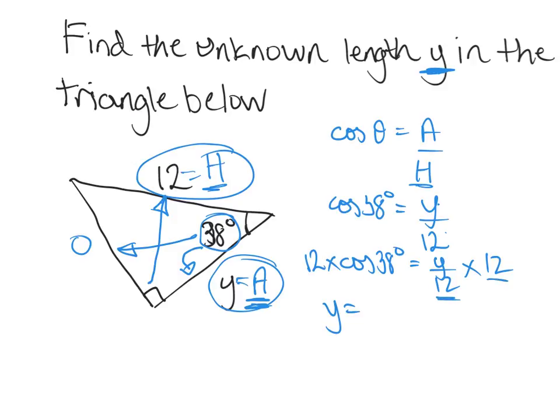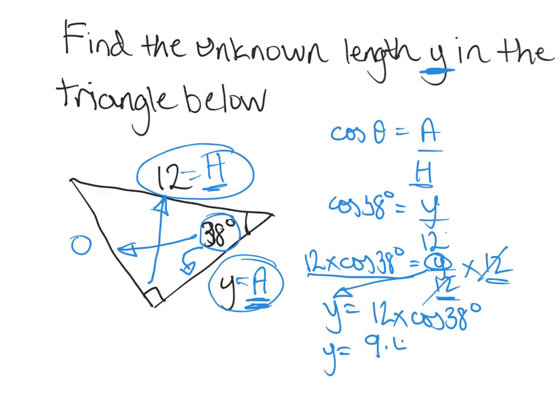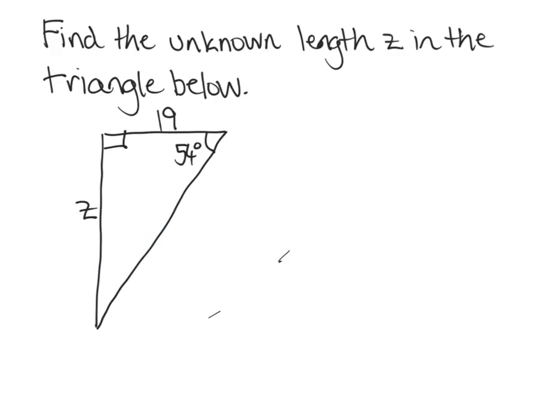Dividing by 12 and multiplying by 12 are opposites and will cancel out, leaving y on its own. On the other side, we have y equals 12 times cos 38 degrees. If you plug that into your calculator, you might get something like 9.45612. Usually we abbreviate to 2 decimal places. This funny looking sign means approximately, so I could say this is approximately equal to 9.46, rounded to 2 decimal places.